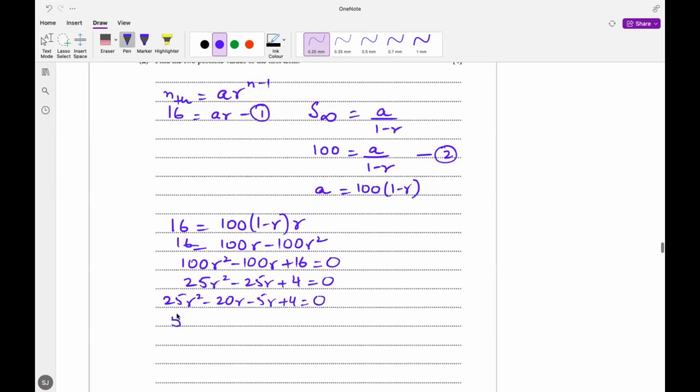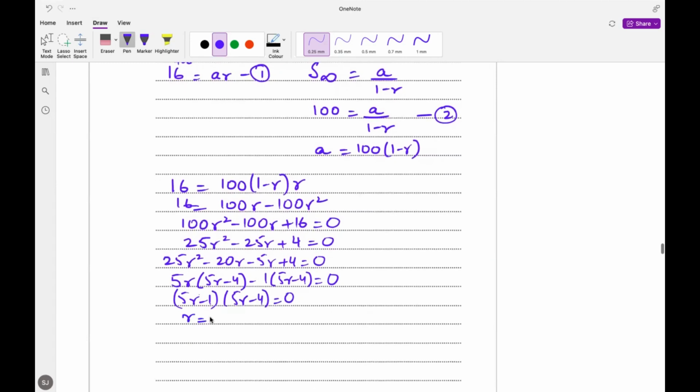Taking 5r common from the first two terms, we get 5r(5r minus 4), and taking 1 common from the last two, we get minus 1(5r minus 4) equals 0. Finally, we write this as (5r minus 1)(5r minus 4) equals 0. The two values of r will be r equals 1 upon 5 and r equals 4 upon 5.